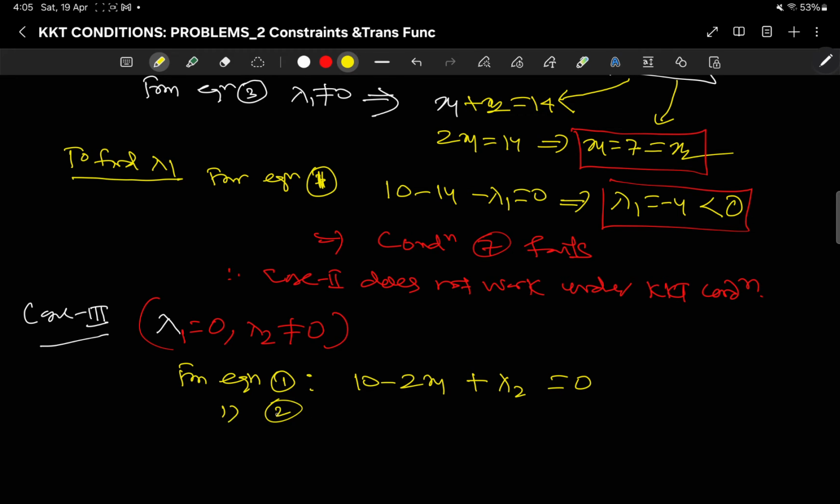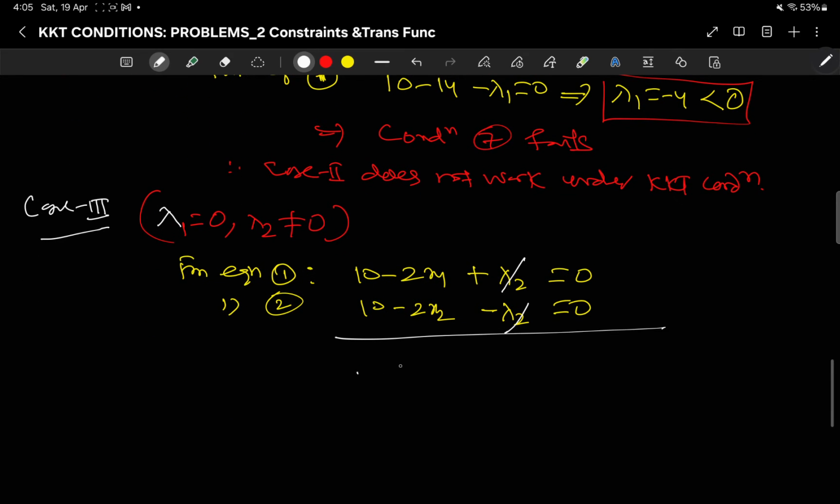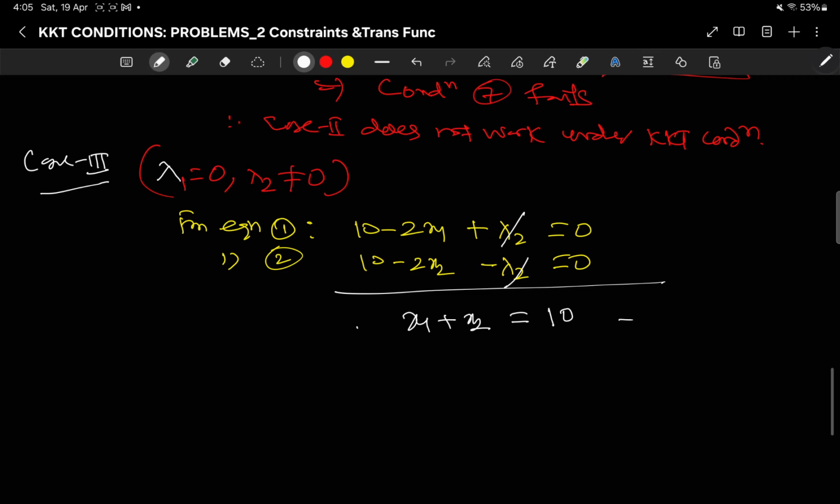From equation 2 we are getting 10 minus 2x2 minus lambda 2 is equal to 0. If you simply add them, lambda 2 cancels. So this implies x1 plus x2 is equal to 10, right? Let it be my equation A.